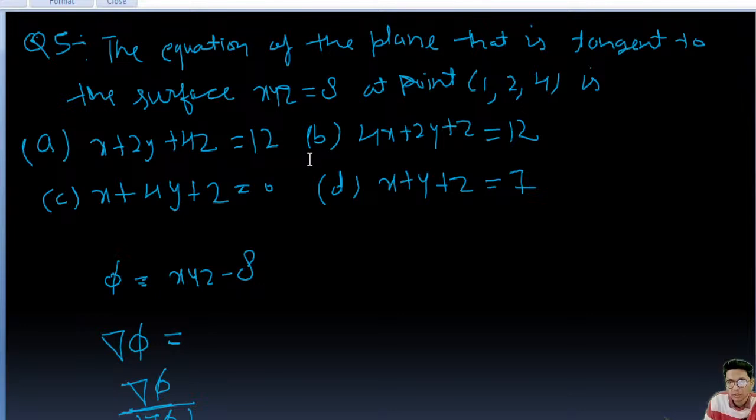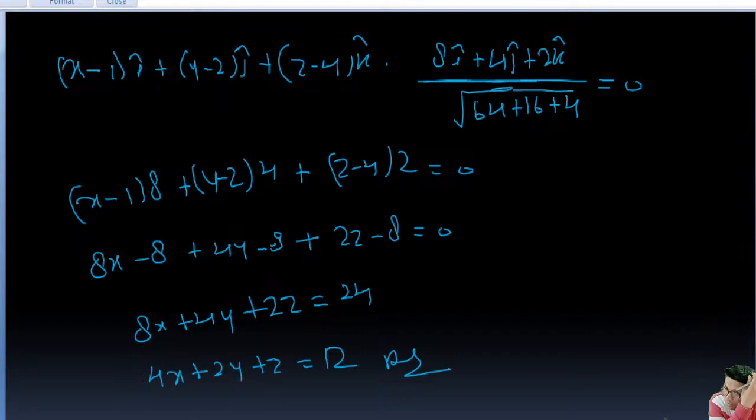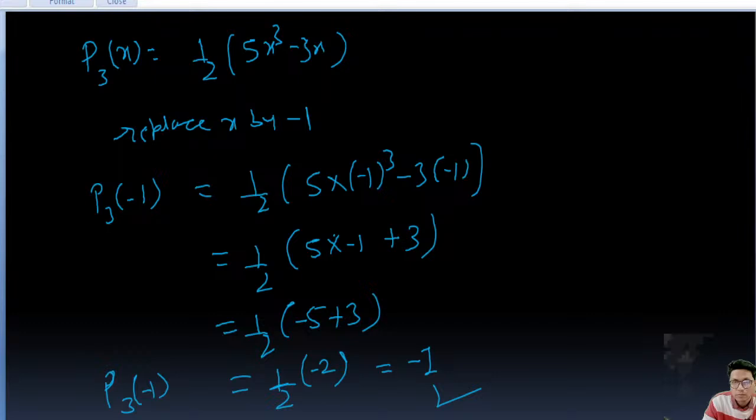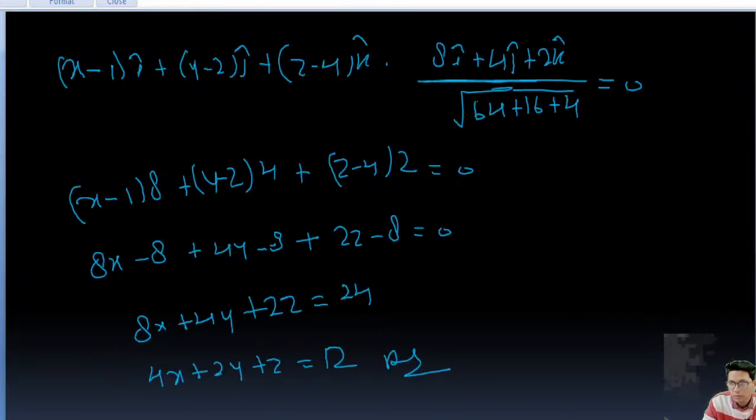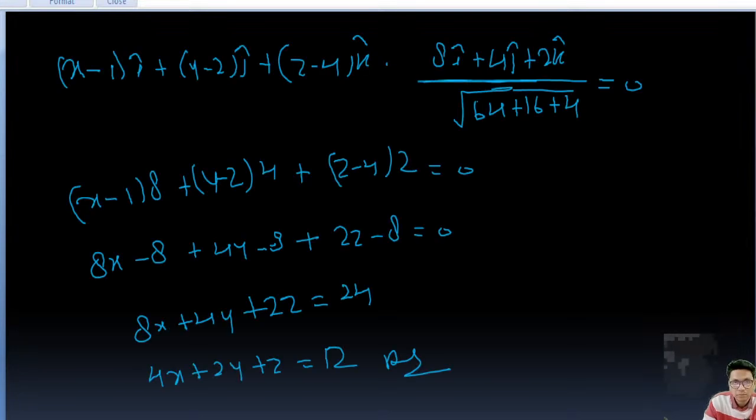So that is 4x plus 2y plus z equal to 12. This is the answer.